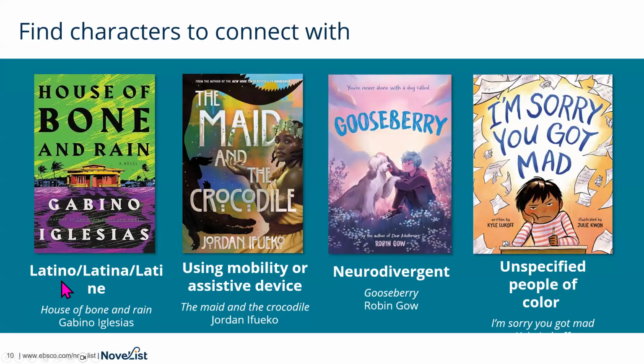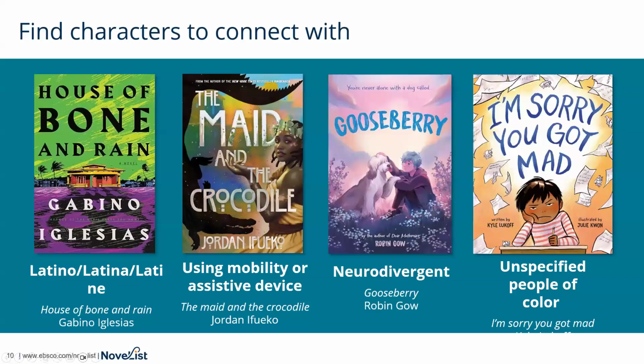For example, Latino authors or characters, characters using mobility or assistive devices, neurodivergent characters, unspecified people of color. These are some example characters that we can use to help build up what's a good book for that particular patron.